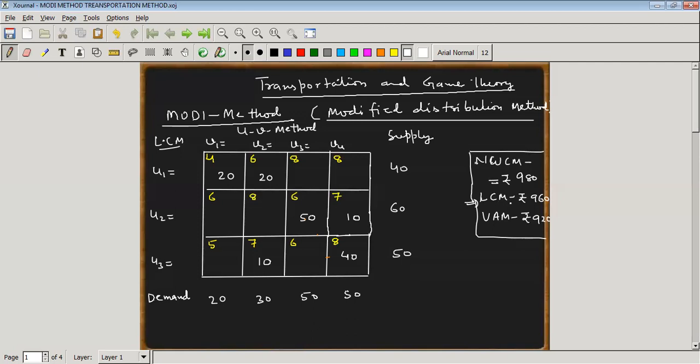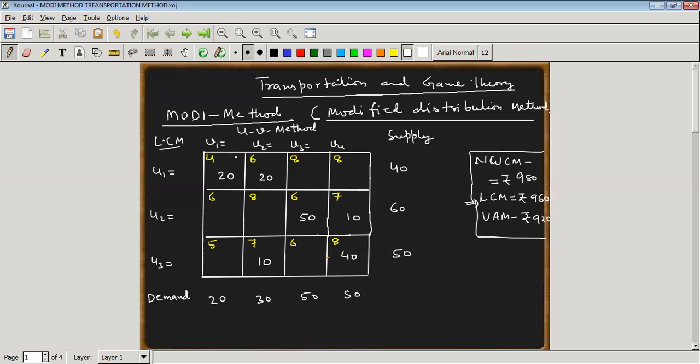With the least cost method, the cost is reduced to 960, and with Vogel's approximation method, the cost is reduced to 920. So we have taken the basic feasible solution obtained by the least cost method, and we check whether it is optimal or not.